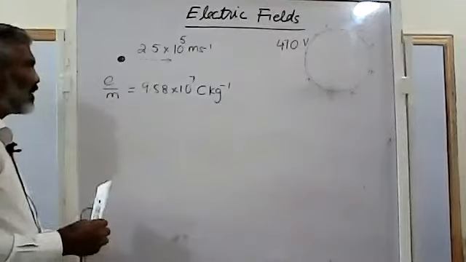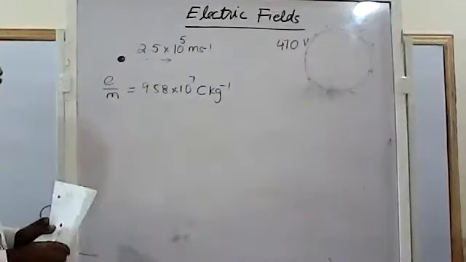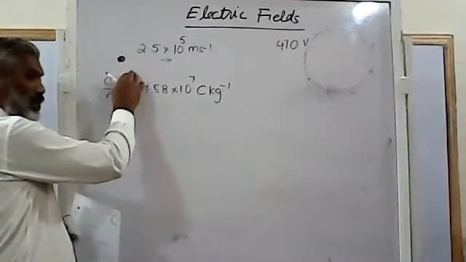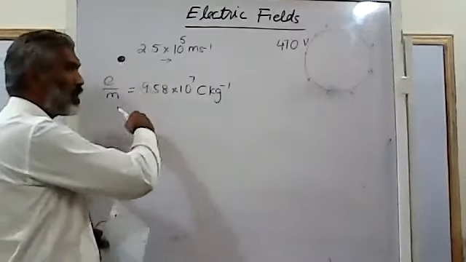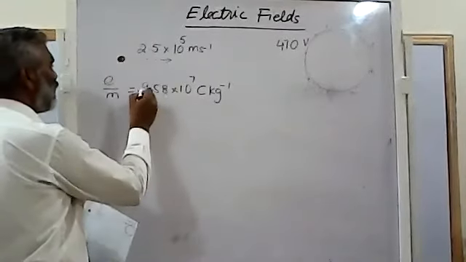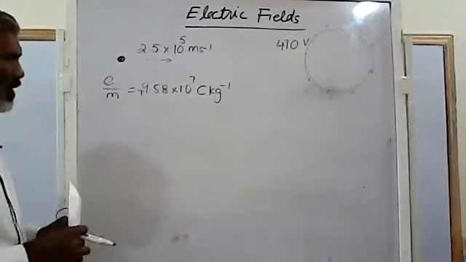So what formula should we use for that purpose? Obviously, this is the kinetic energy of this particle that is converted to potential energy, because both of these are positive. This is the first thing that you will understand from the situation.